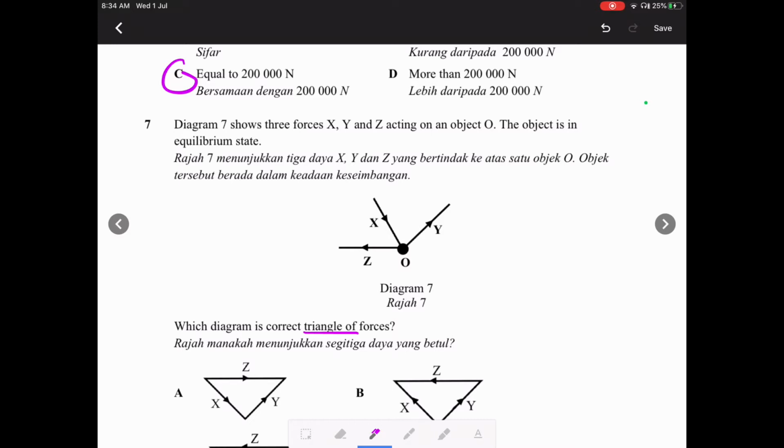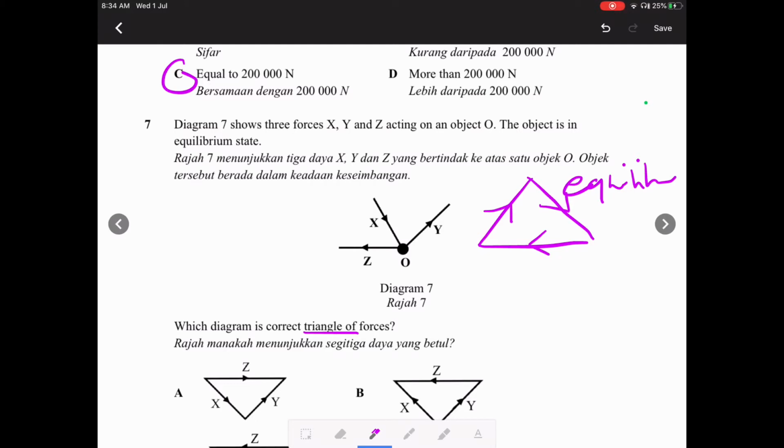Okay, so saya pernah ajar dulu. Kalau untuk segitiga daya yang berada dalam equilibrium forces, dia punya daya anak panah dia mesti dalam bentuk rotation macam ni. Okey?